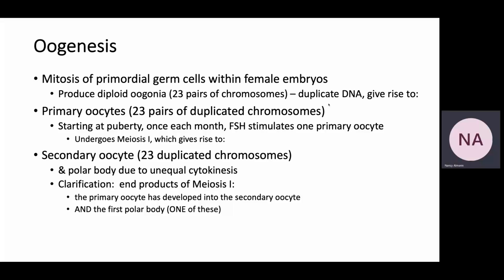The end products of meiosis 1 are the primary oocyte, which has developed into the secondary oocyte, and the first of the polar bodies.